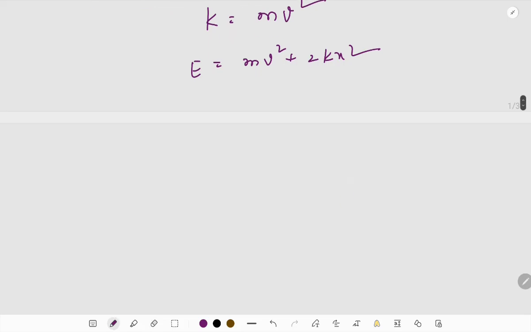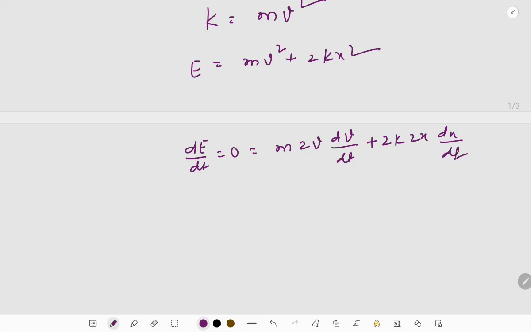I could write dE by dt equals 0, and this 0 will be equal to m times 2v dv by dt plus 2k times 2x dx by dt, and v is equal to dx by dt, and this 2 also gets cancelled out.